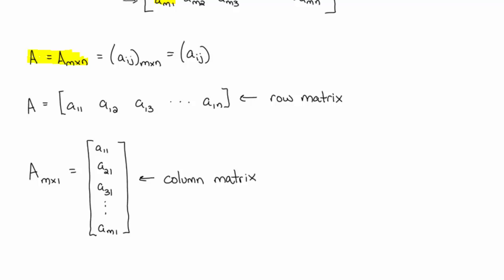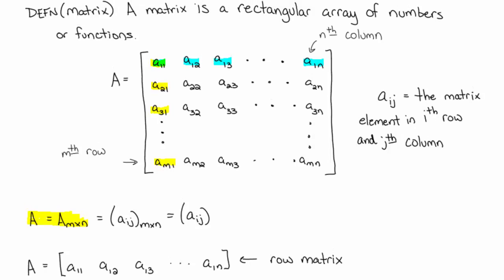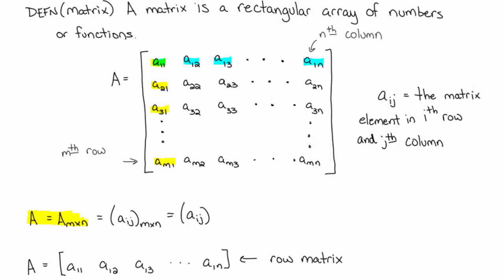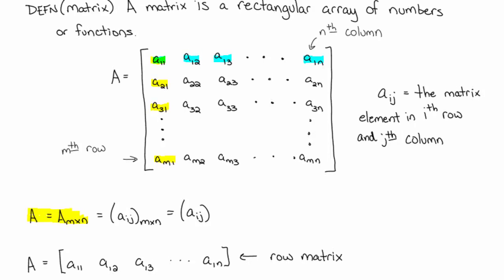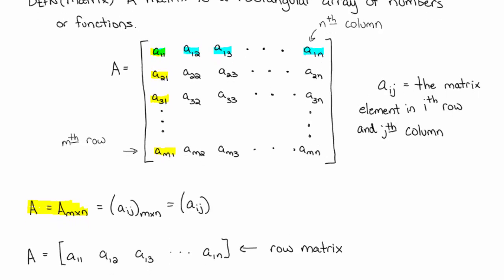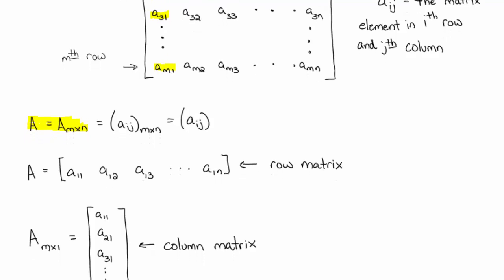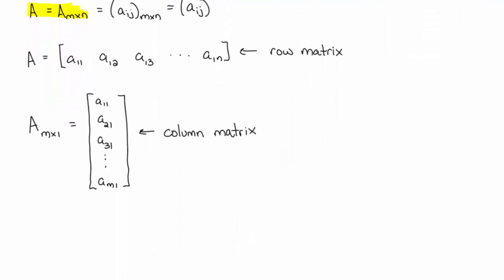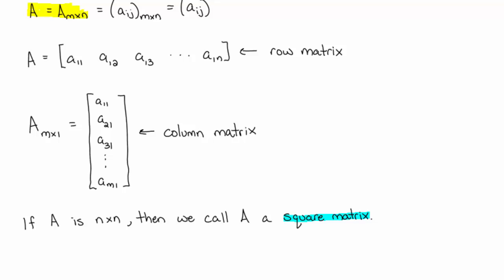Now, because this video is only dedicated to initial definitions for matrices, I'm only going to mention one other definition here because, again, these are all very much the basics of matrices, just getting to know kind of what a matrix is. And so one last little definition here. If your matrix is n by n, in other words, it has as many columns as it has rows, then we would call it a square matrix.